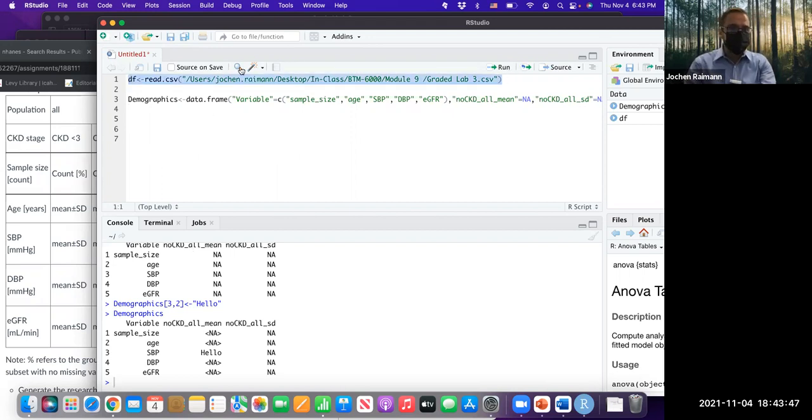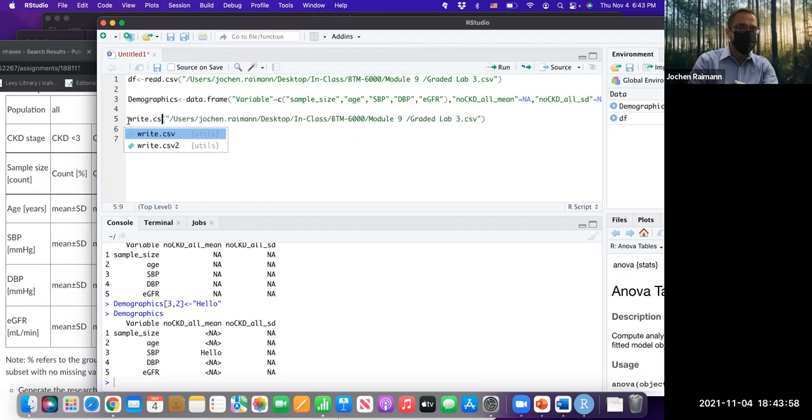Exactly this data frame. I can now export. So I can do write.csv, and I call this demographics.csv.